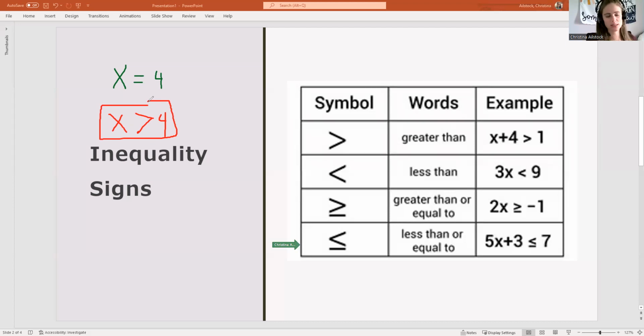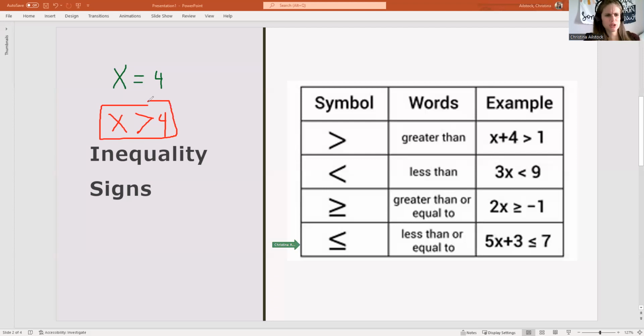With inequalities, you have a huge set of possible answers as long as it meets the requirement. So in this case, if x is greater than 4, the number 0 wouldn't work because 0 is not greater than 4. So 0 wouldn't be a possible answer, nor would any of your negative numbers.